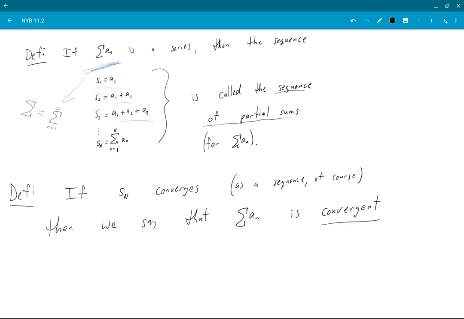So that's what we mean by a convergent series. Okay. If the sequence of partial sums converges.